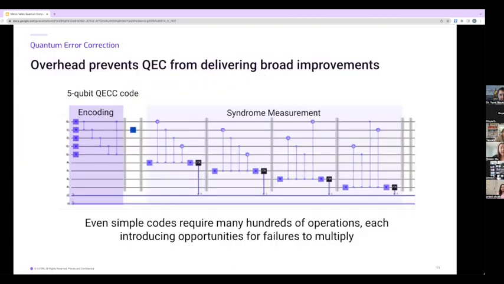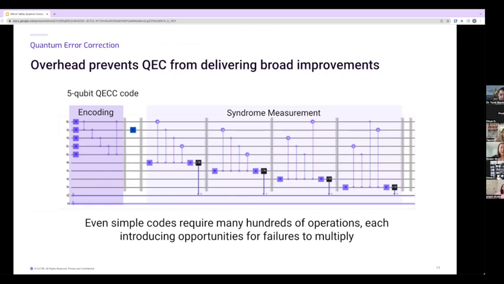One of the major reasons for the lack of scalable quantum error correction today is sheerly the amount of overhead that is required in order to make quantum error correction useful in practice.